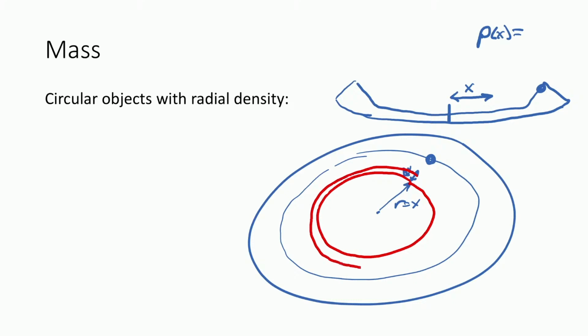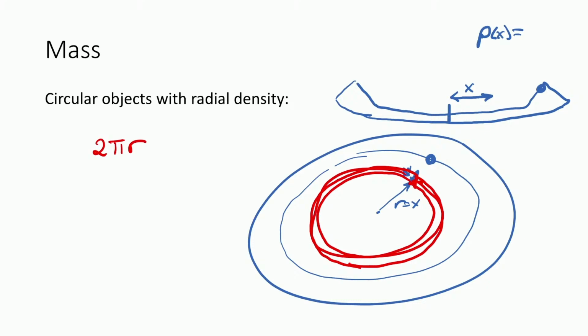So now we need to figure out the mass of that long, skinny piece. The way we'll do it is figure out how long it is. That's 2 pi r, all the way around.